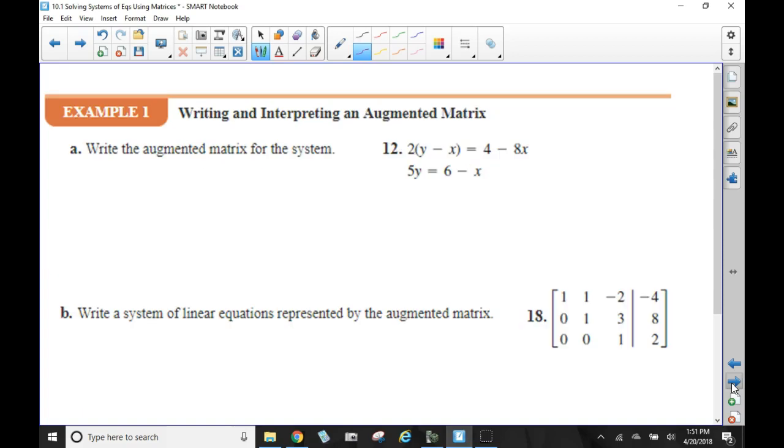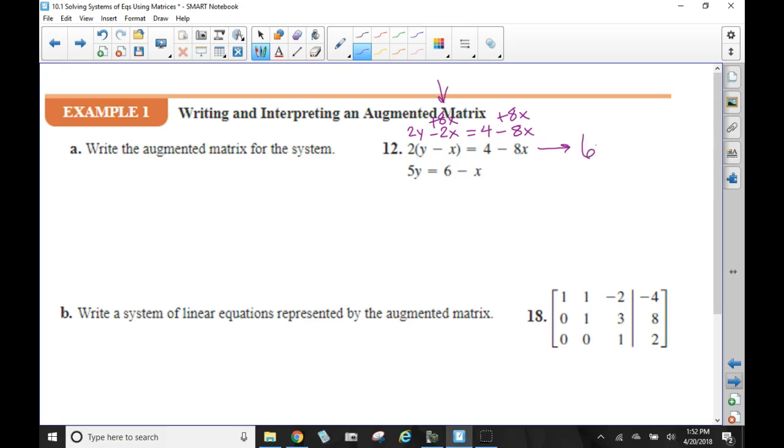We're going to actually work on writing the augmented matrix for this system of equations. Now, this one is not organized like we need it to be. First of all, on the top equation, I'm going to run the 2 through. So I'll have 2y minus 2x equals 4 minus 8x. When I add 8x to both sides to move this into standard form, let's write the x terms first.